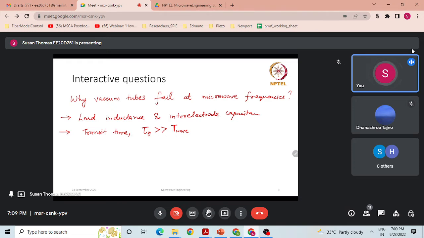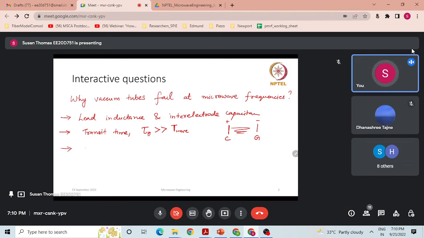Between the cathode and the grid, the electron has to transit, but the polarity of the cathode and the grid keeps oscillating, that means the potential difference keeps alternating several times, due to which the electrons keep oscillating back and forth. That is one effect of the transit time, due to which the tube efficiency is very low.